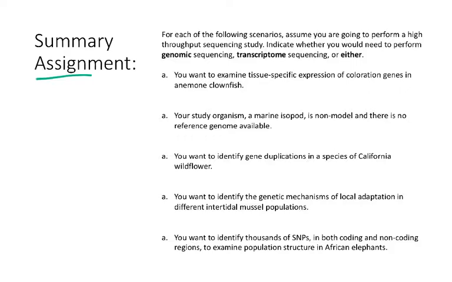This is similar to some of the summary quizzes, quote-unquote quizzes we've had at the end of previous modules with molecular markers, for instance, where you were asked to put everything together and determine which molecular marker you would use. This is similar in the sense that I'll give you different scenarios and then ask you to decide which type of high throughput sequencing approach would be most appropriate.